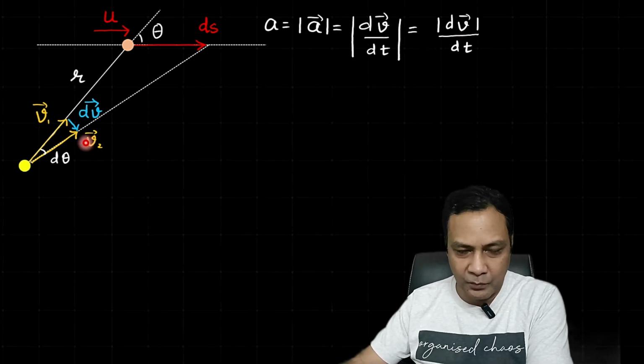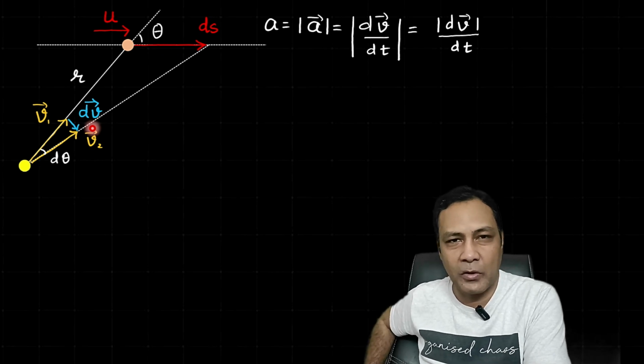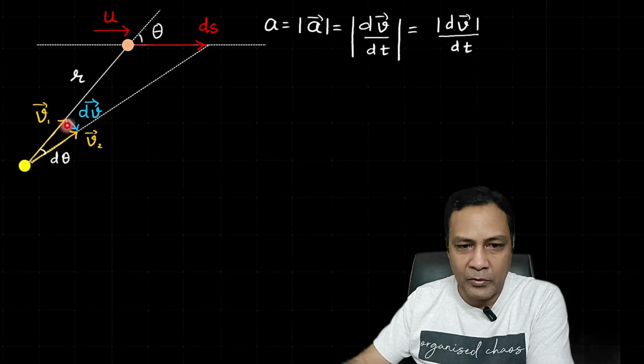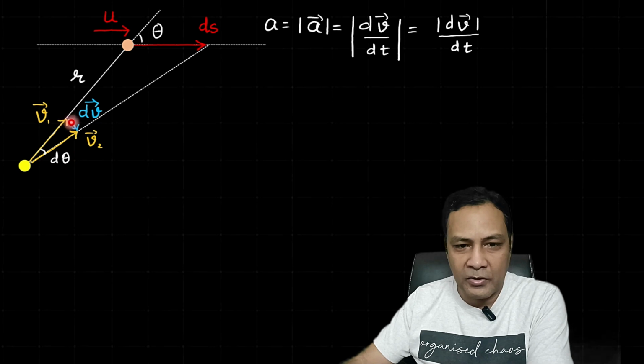So you can find the mod dv. There is a direct formula also, or you can use the cosine rule. You can see that the angle between v1 vector and v2 vector is d theta, and the difference is dv.